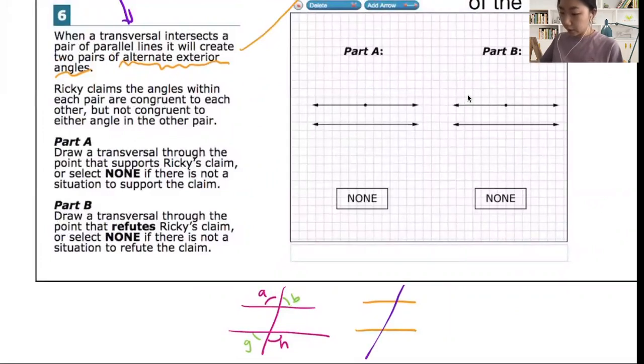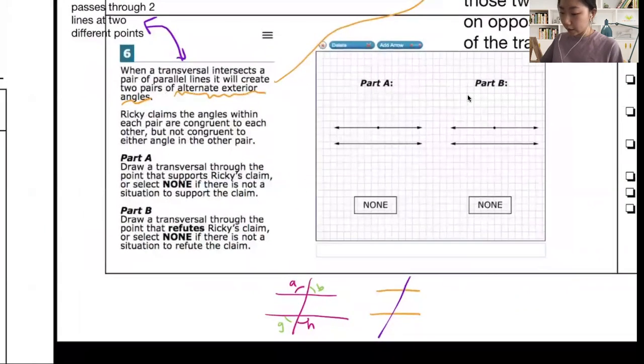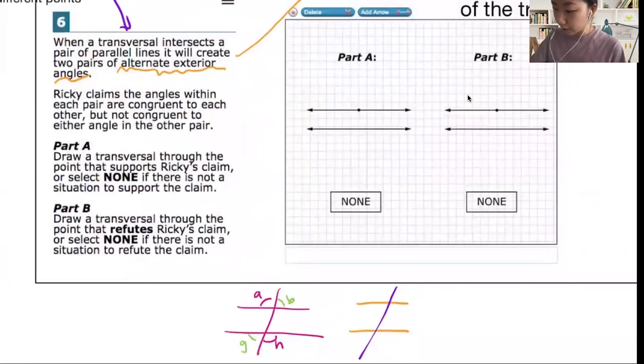My alternate exterior angles can be found here. I can find it either at A and H, right? We're on the outside and opposite, right? Or I can find it here at, let's say, B and G, right?